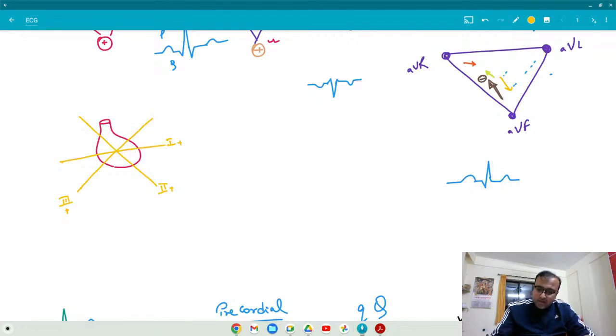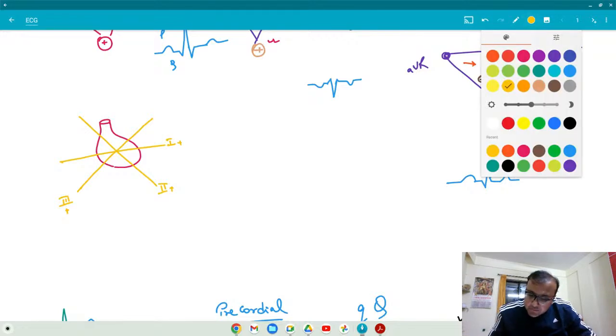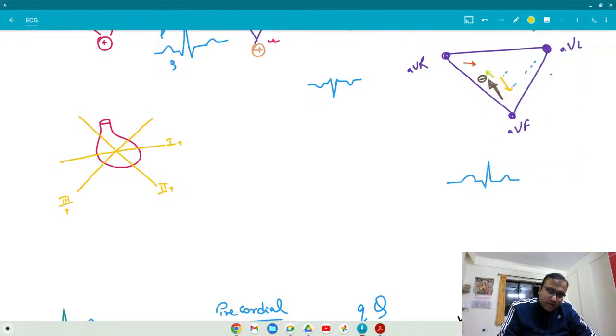Then what else have we got? We have also got over here this one, aVR. Then we have this one to be aVL. This is positive, no? And then this one should be aVF.